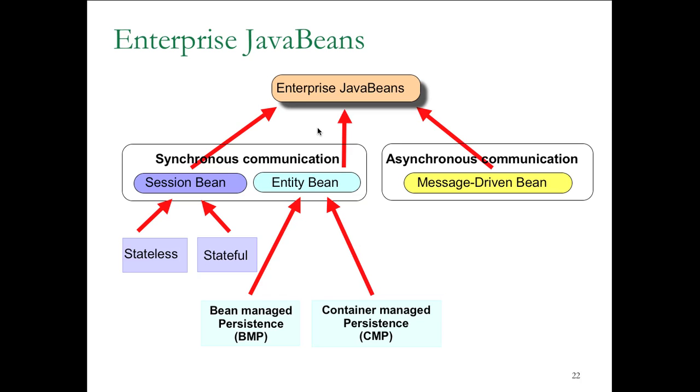So we have the enterprise Java Bean here at the top, and we have session communication, synchronous communication and asynchronous communication going on through stateful and stateless situations, where we have a container manager, we have a bean manager. The managers are nothing more than a way of describing the configuration of these components and how they're residing on the servers.